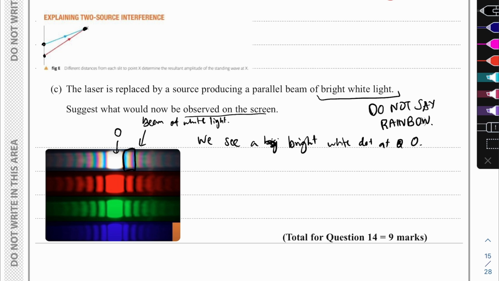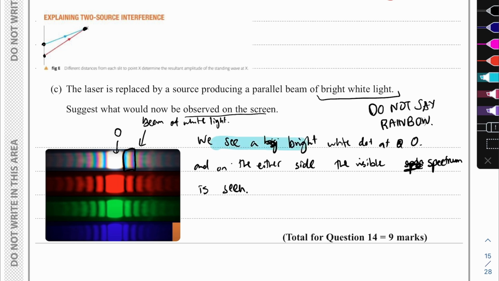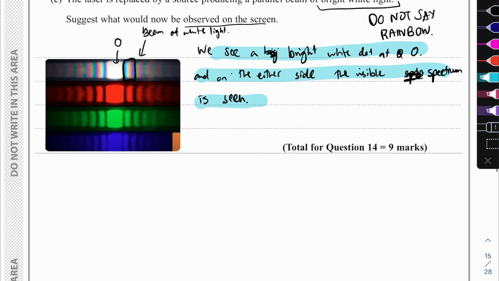On either side, the visible spectrum is seen. So 1 mark for saying bright white dot, 1 mark for saying either side of, and we see the visible spectrum.